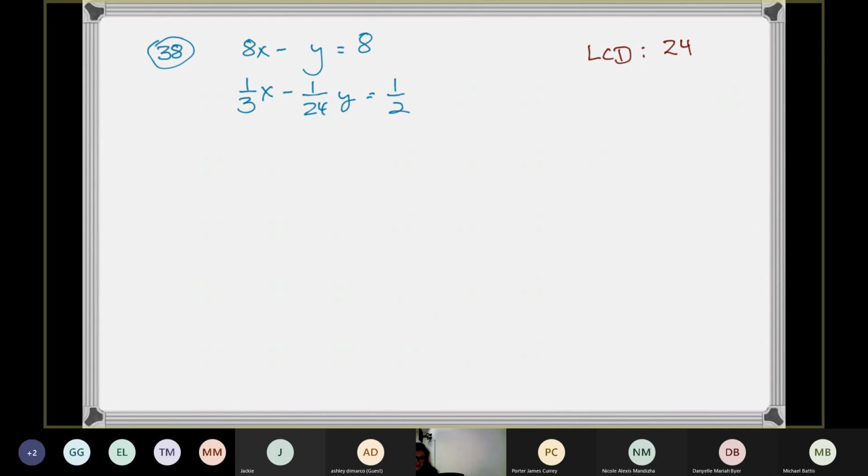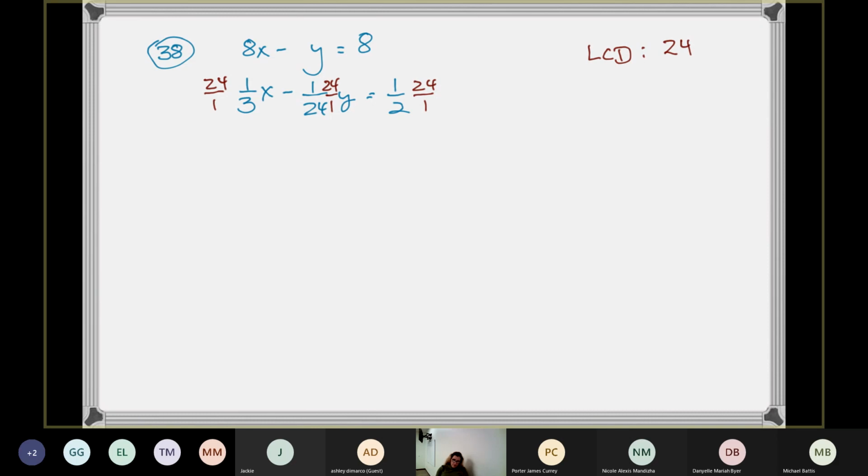Help me out, people online. 24, 24, and 24 over here. You can write it over 1 if you want to. Again, the reason why we do this is to clear the denominator.